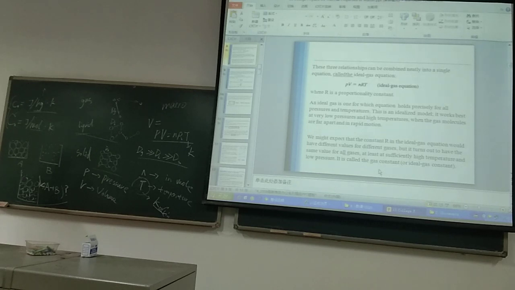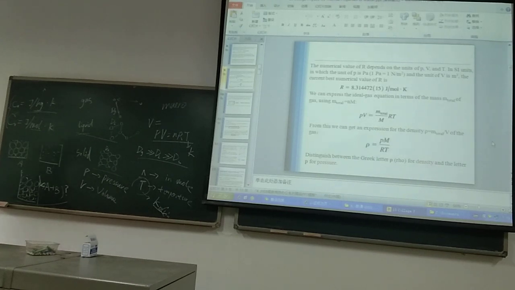We might expect that the constant R in the ideal gas equation would have different values for different gases, but it turns out to have the same value for all gases, at least at sufficiently high temperature and low pressure. It is called the gas constant, and it can be written as follows.